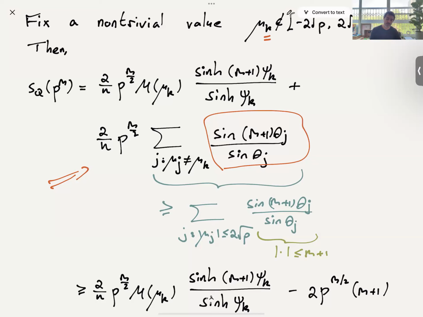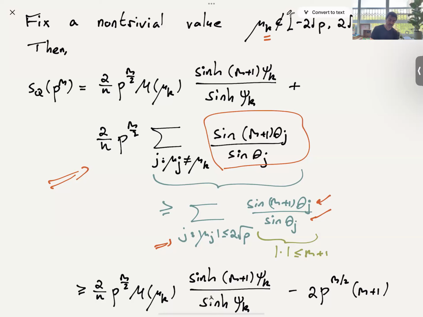I'm only going to take those j's for which the absolute value of mu j is at most 2 square root of p, namely only eigenvalues that sit in the Ramanujan interval. For each of those, this ratio of sines is bounded by n+1. That's an easy calculus thing, because sin x over x approaches 1 from the right direction here, so you can show that easily.